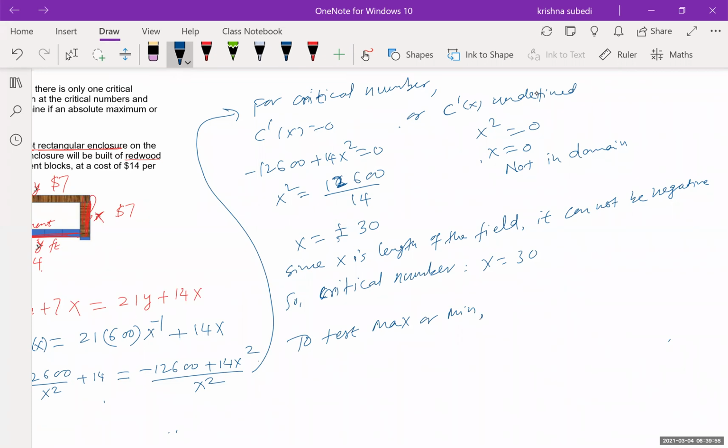I think it's less time consuming. Remember, you can use the first derivative test if you like.